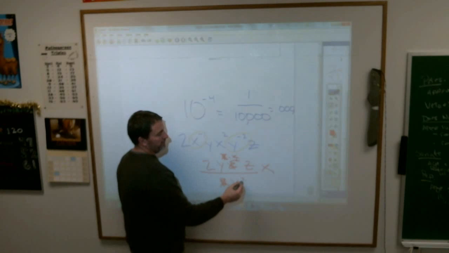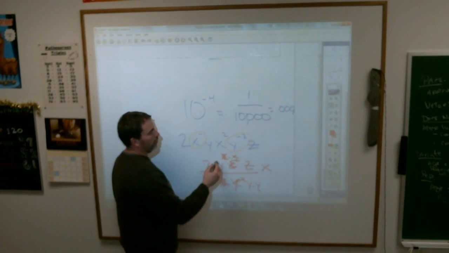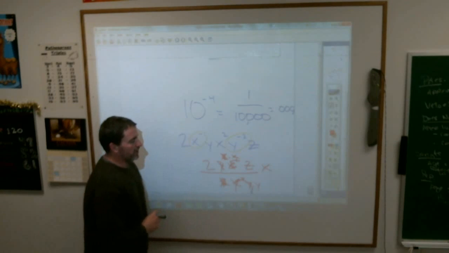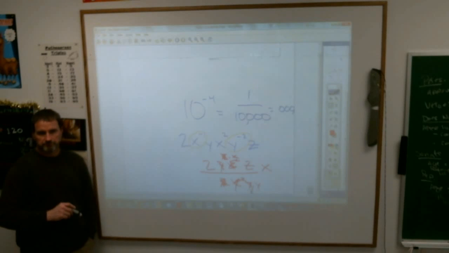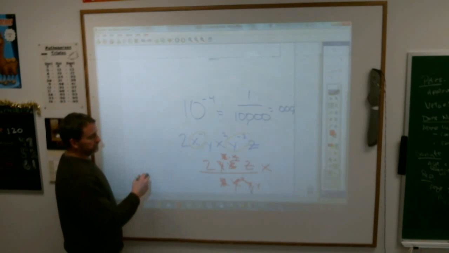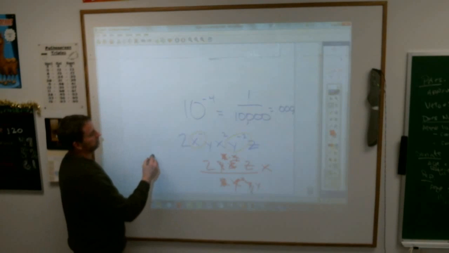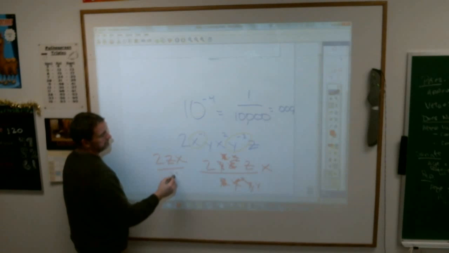Right, but there's 2 of them on the bottom, correct? Y squared is y times y. So one of the y's crosses off with one of the y's on the bottom. So when all the smoke clears, what will my answer be? Christine? 2z over y. Now what about this guy here? Oh, 2zx. Yeah, 2zx over y.